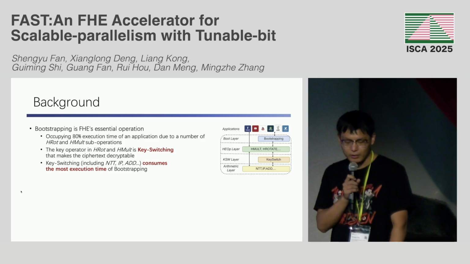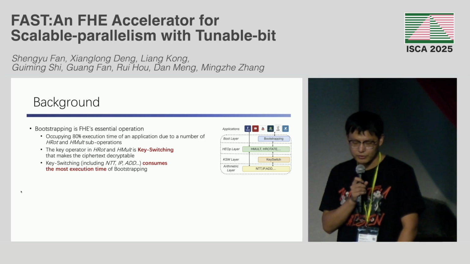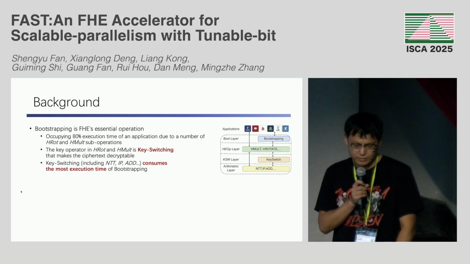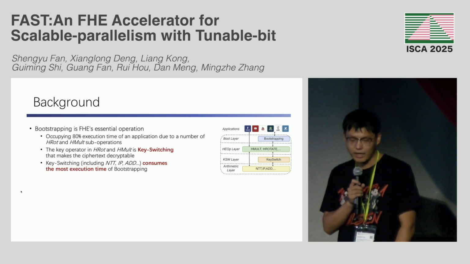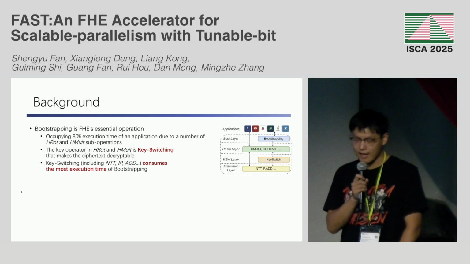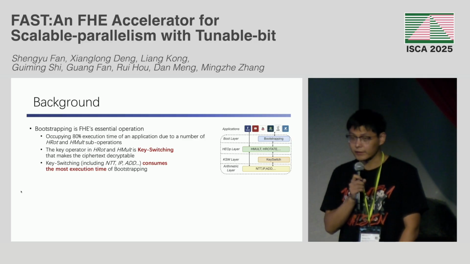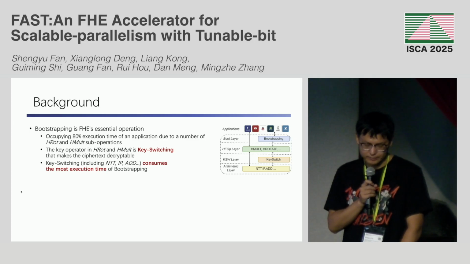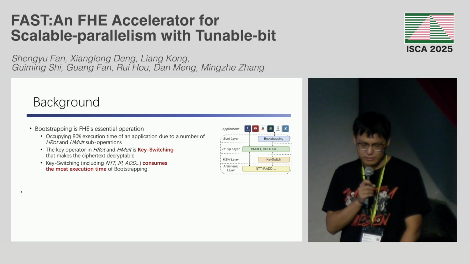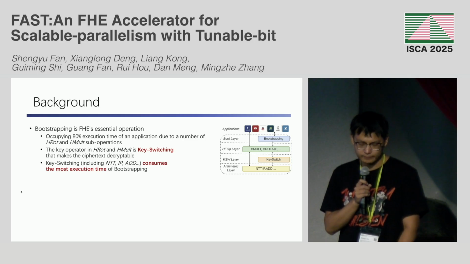To gain a deeper understanding of the computational bottleneck in FHE applications, we conducted a hierarchical classification analysis of FHE operations. Our analysis reveals that homomorphic multiplication and homomorphic rotation play a crucial role in FHE computation. They are also the core components of the bootstrapping process.